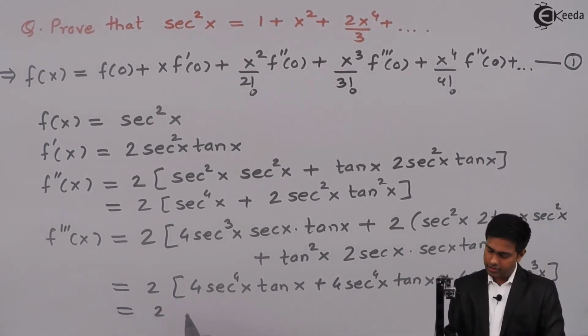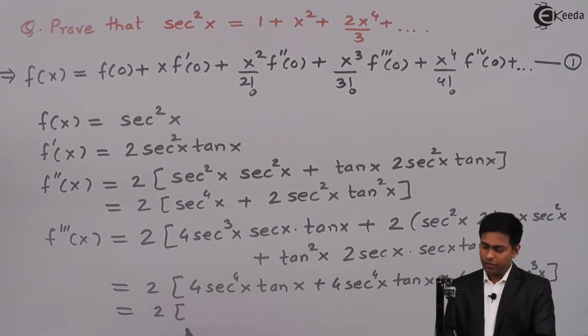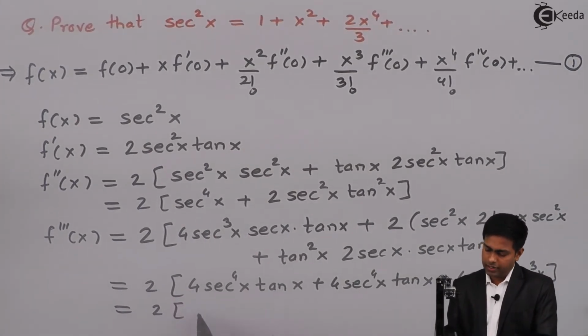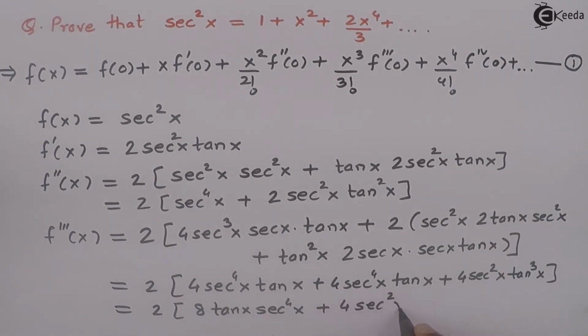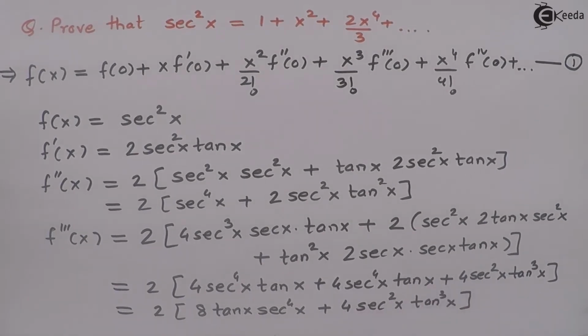Now 2 as it is, or here we'll get 4 plus 4, that is 8 times tan x into sec raised to 4x, plus 4 times sec square x into tan cube x.